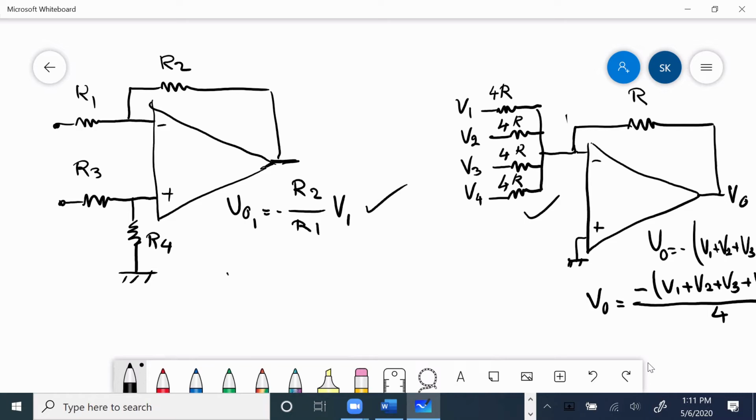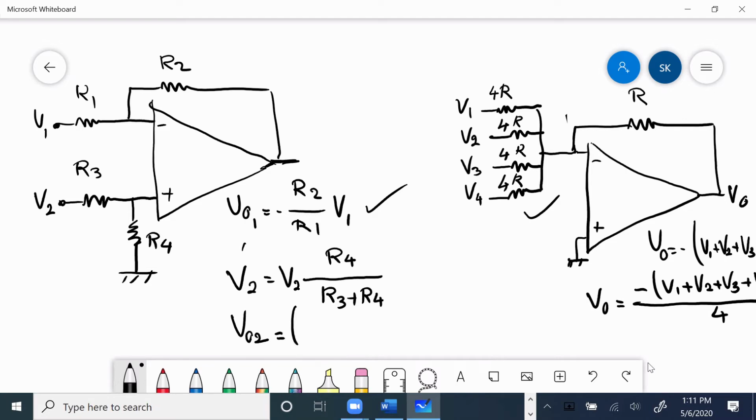Then V prime 2 would be, this is V1, this is V2, V prime 2 would be V2 times R4 divided by R3 plus R4. And V out 2 would be 1 plus R1 over R2 times V2 R4 divided by R3 plus R4.